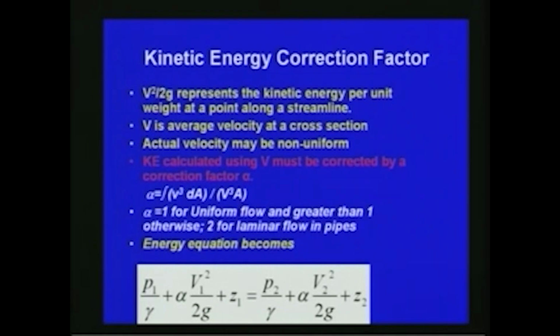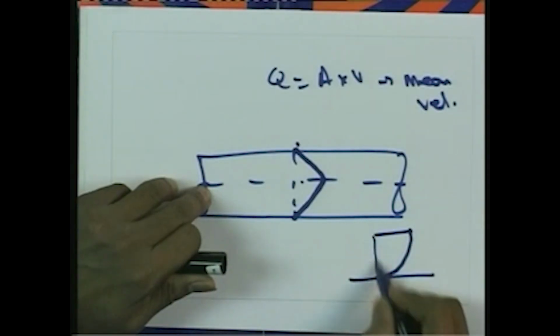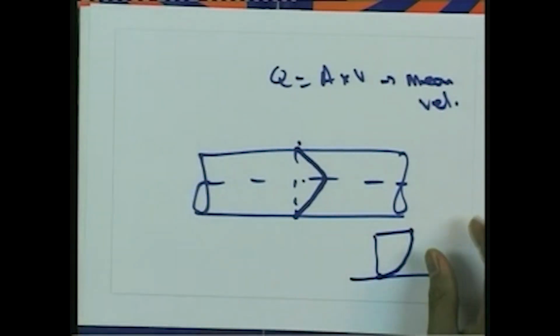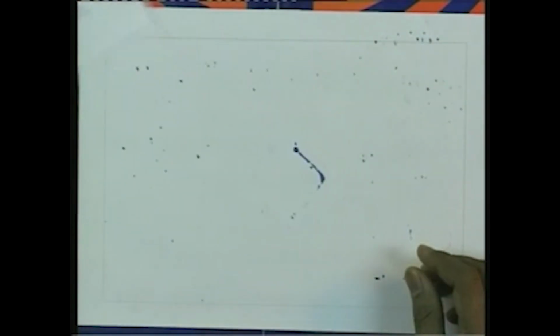As far as kinetic energy is concerned, the actual velocity is non-uniform, as you can see in this pipe flow, or even in open channel flow. For non-uniform flow, we have to use a correction factor called the kinetic energy correction factor, alpha.